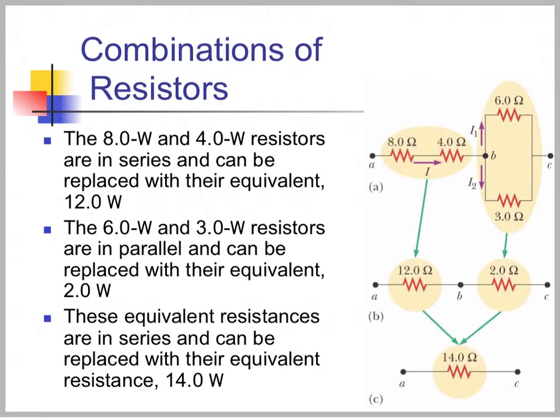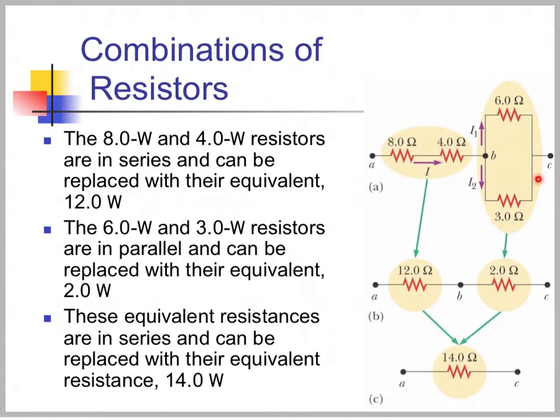So when looking at a problem like this, we treat it in the same methodology as we did combinations of capacitors. We look at where we can combine them and redraw it each time. So for example, the 8 and 4 ohm resistors are in series, and we can replace that in our circuit diagram with a 12 ohm resistor.